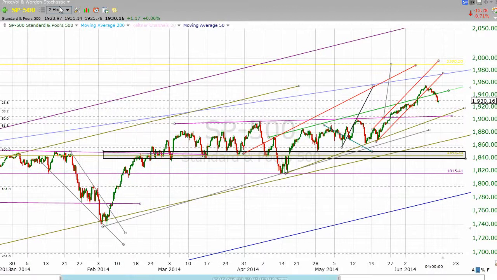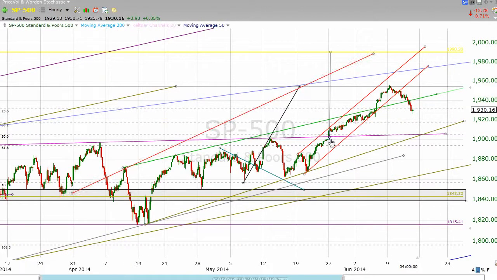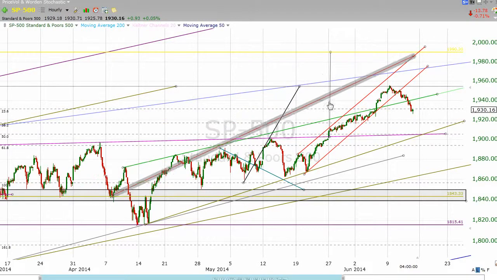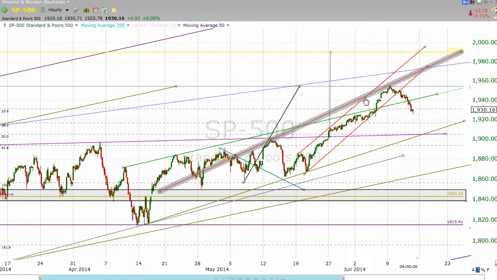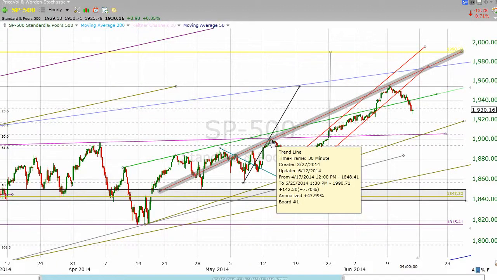level of attack. Now, if I put this line on what I believe is a short-term top at 1954, you will notice that that also lines up with this little top back here.